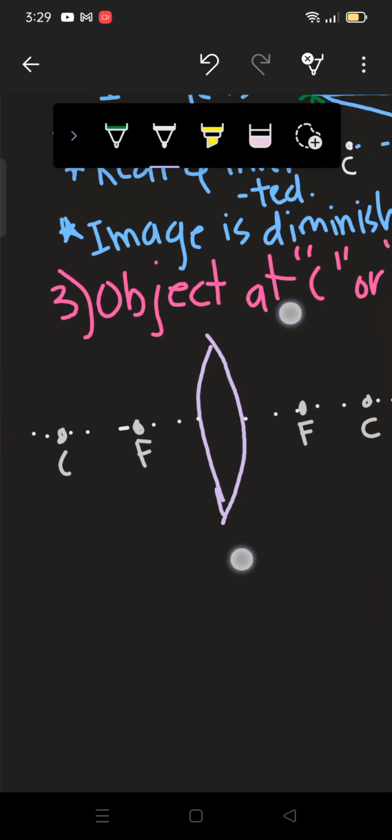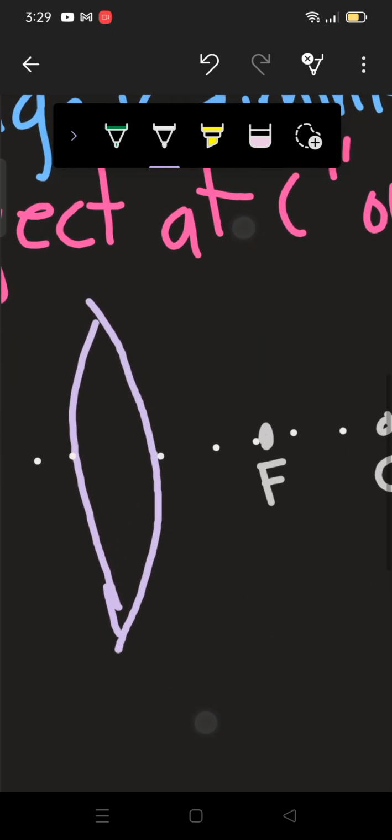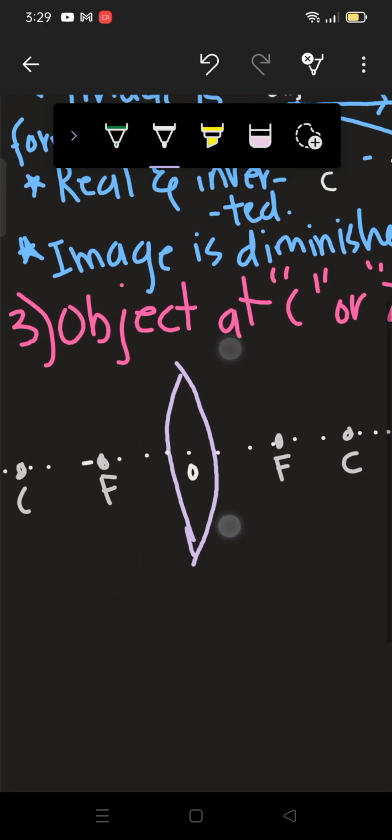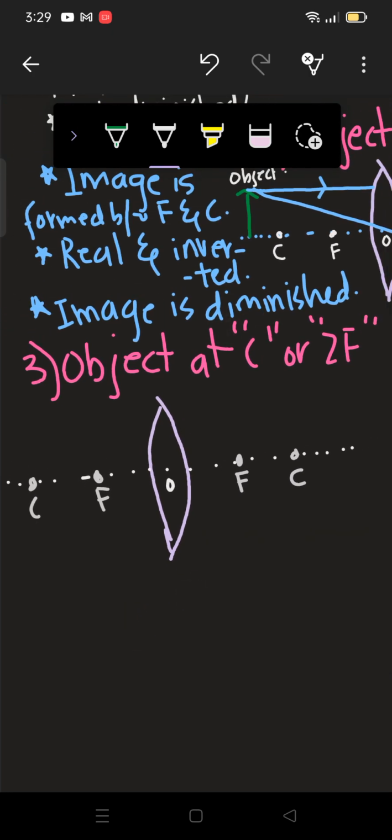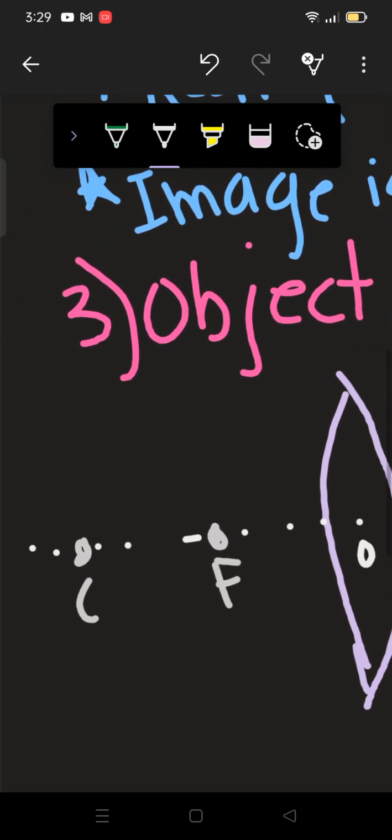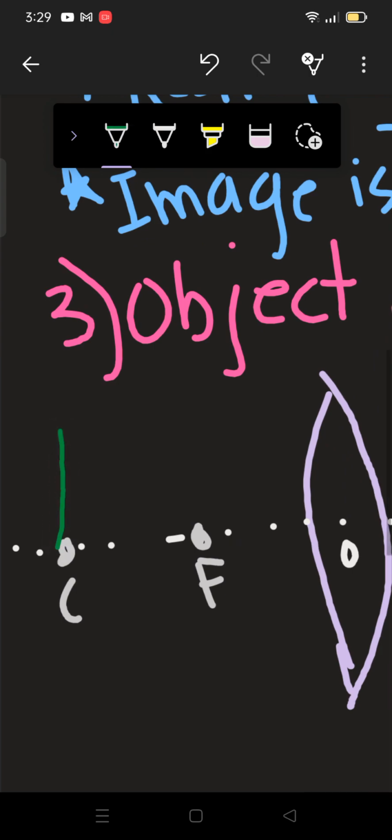Now this is the optical center. The object is placed at C or 2F. So when the object is placed here at C, let's see where the image will be formed.